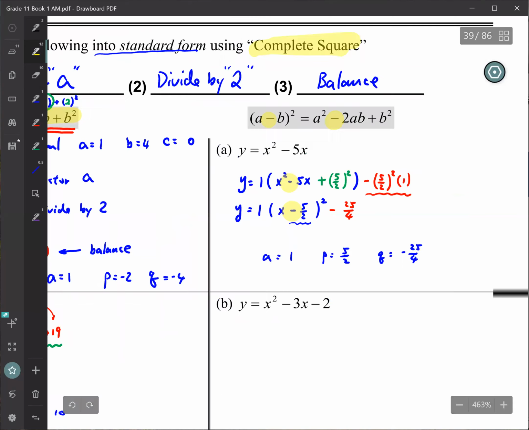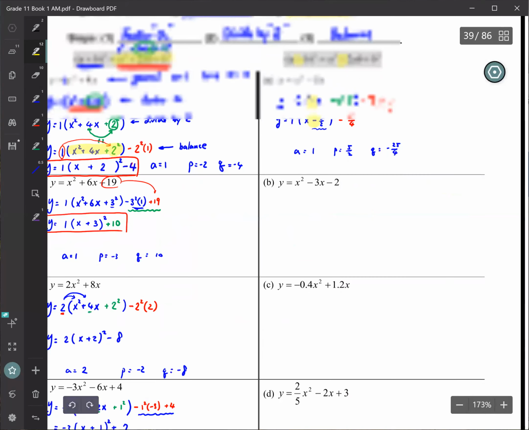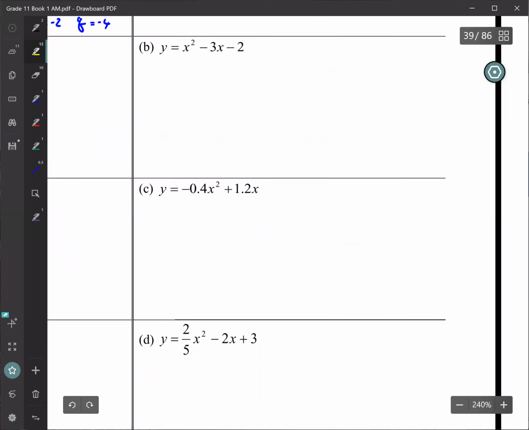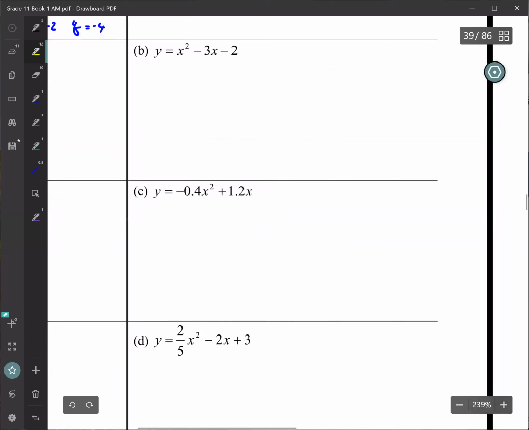Okay. So the last 3 questions, you need to do by yourself, and then we'll go over those 3, then we're done for today, okay? So you just follow the notes that you have so far, should be enough. And you can raise your hand when you finish all 3.